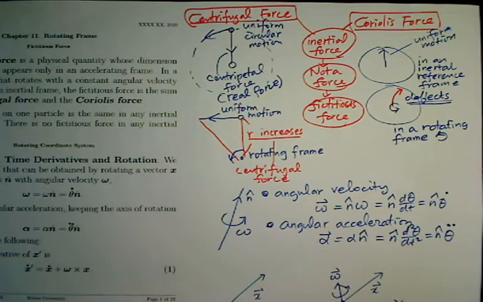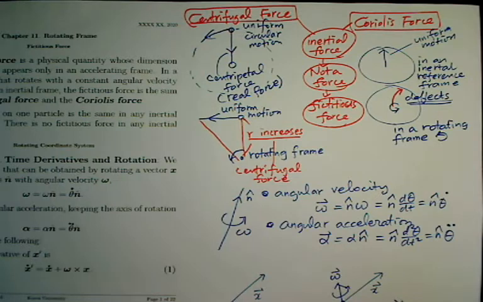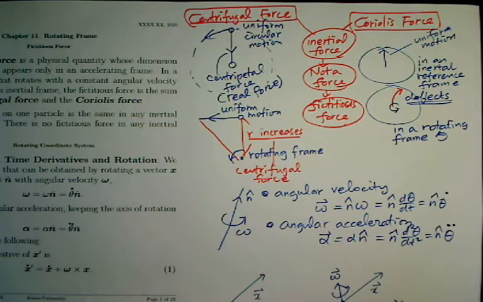Therefore, in the frame where the axis is rotating, it feels like the particle is experiencing acceleration in a radial direction, opposite to the center. So that force is called the centrifugal force.